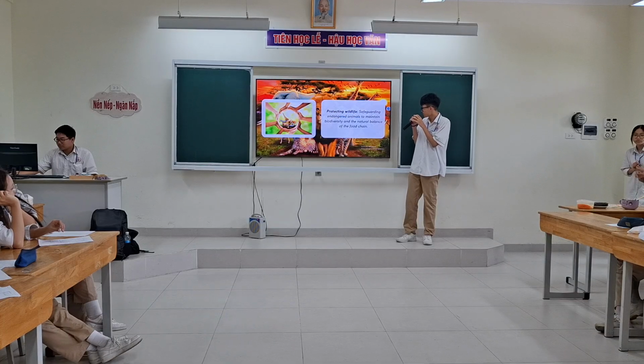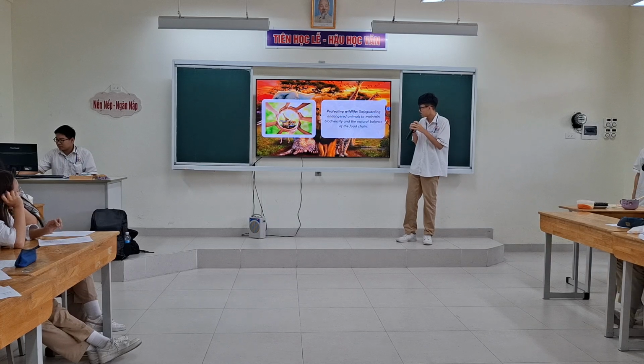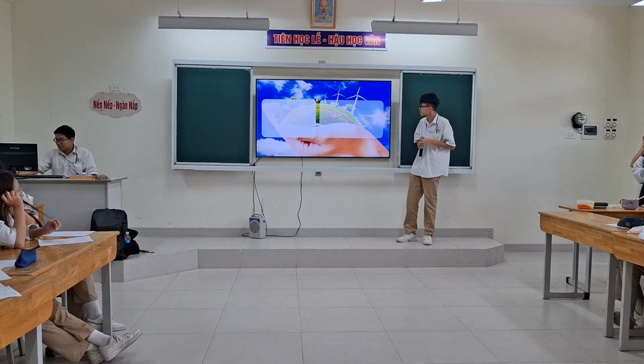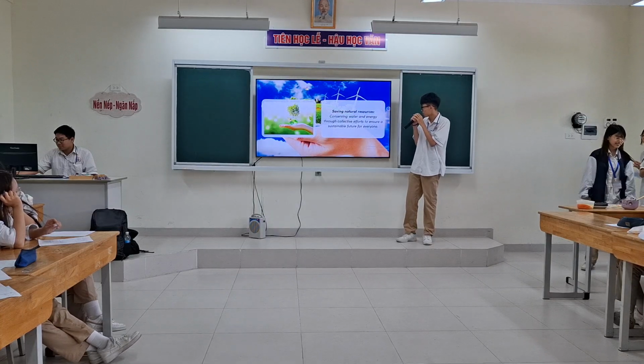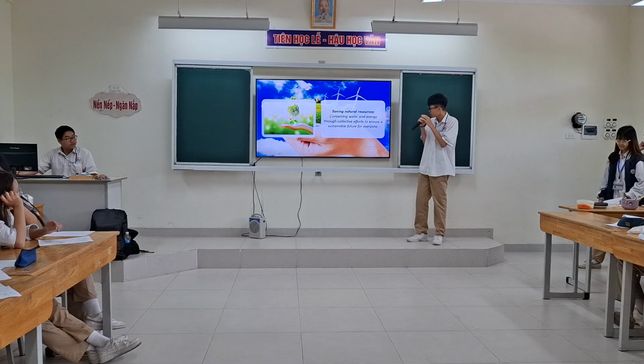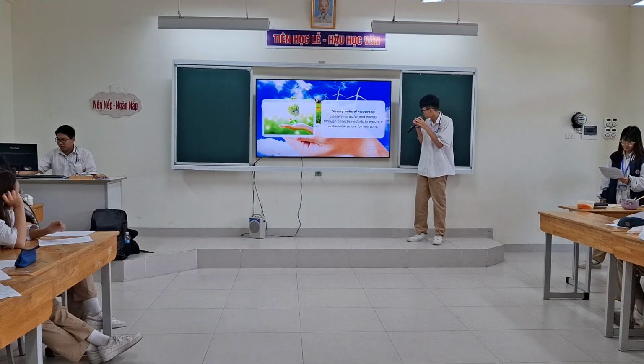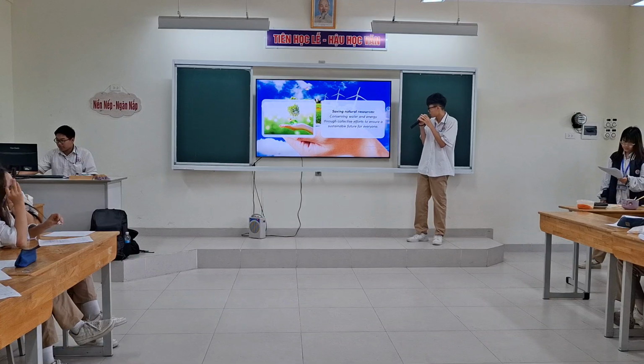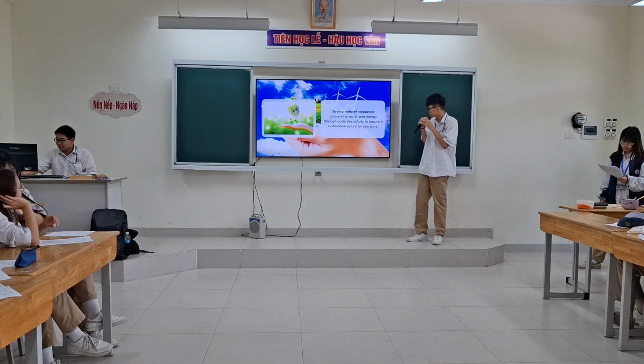Protecting wildlife, safeguarding endangered animals to maintain biodiversity and the natural balance of the food chain. Saving natural resources, conserving water and energy through collective effort to ensure a sustainable future for everyone.